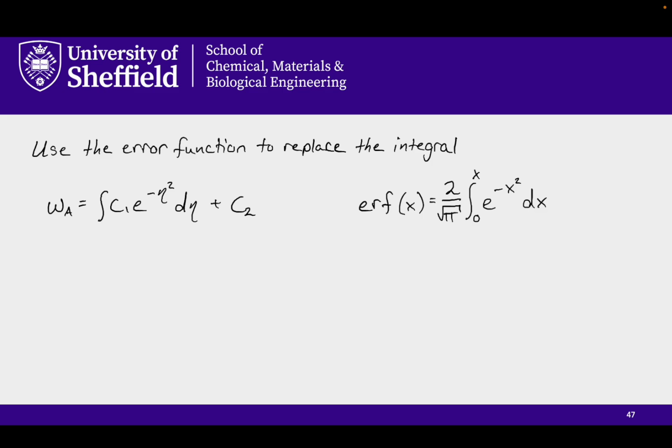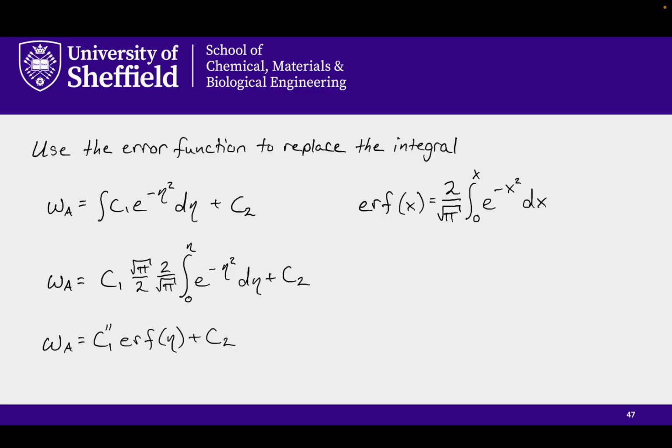Remembering that the error function is defined as 2 over the square root of pi times the integral of the Gaussian, we can make our solution for omega A resemble the error function by multiplying through by 1, in as much as we multiply by root pi over 2 times 2 over root pi.